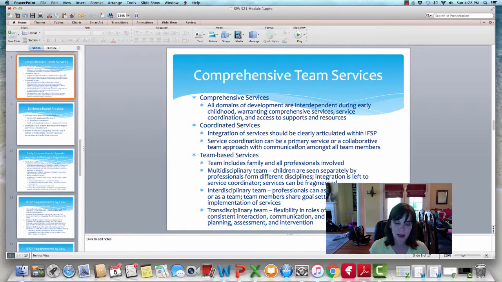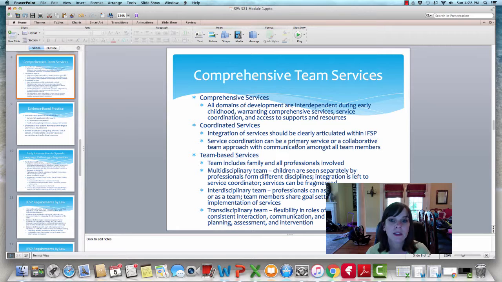And adaptive skills would be, of course, feeding, toileting, those come into play later. But those are the 5 areas of development that we're typically assessing of how those children are performing in that environment, and then also how the families are interacting with them. So comprehensive services address all those specific areas.